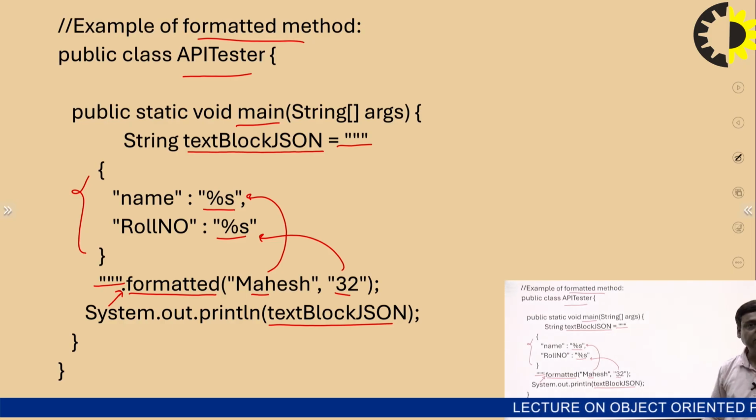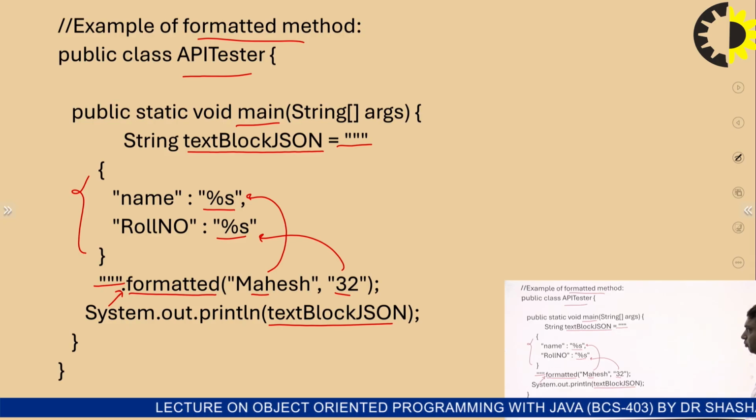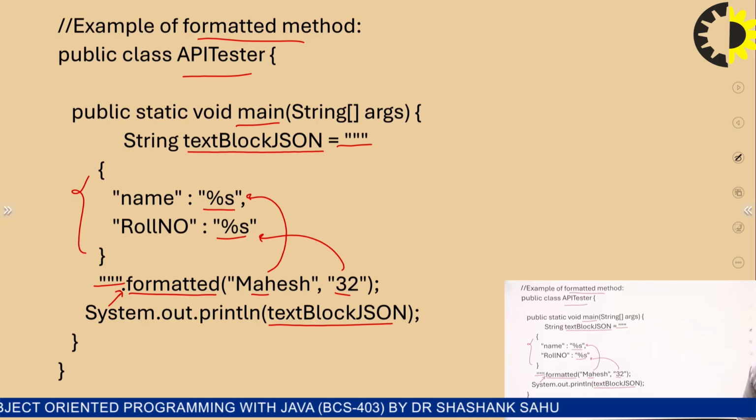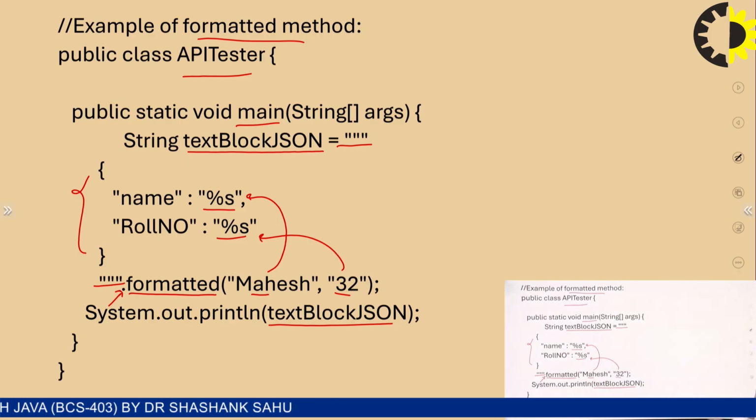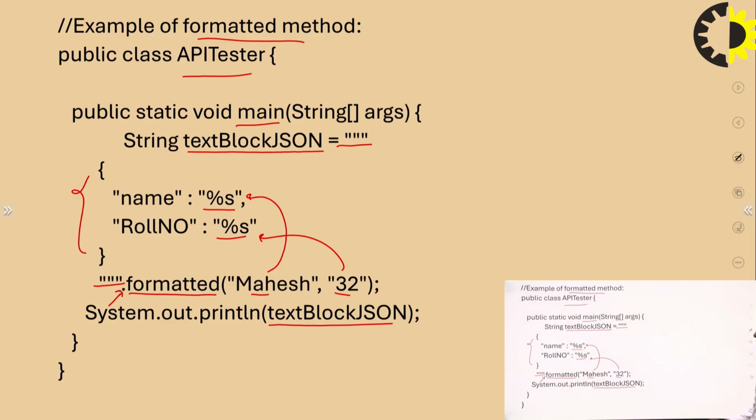Multi-line string, that is, more than one line in a string. So an important part is that the data will be as it is. If you write a simple string, then it is very difficult to embed the spaces. It is very difficult to have the data formatted in this way. So in a simple string it is not possible, but with the help of a text block string it is possible.